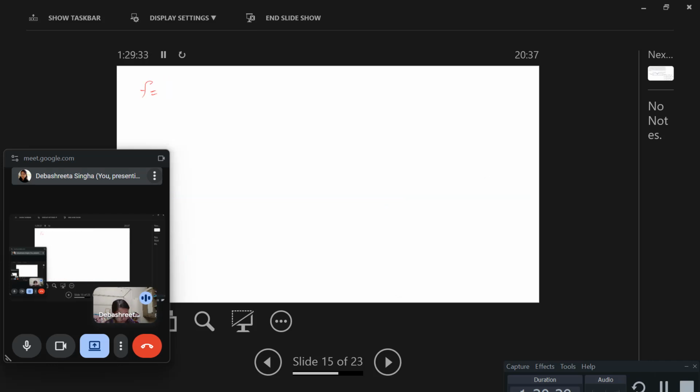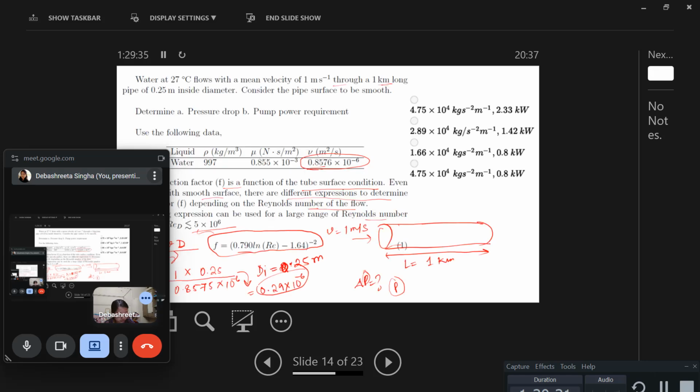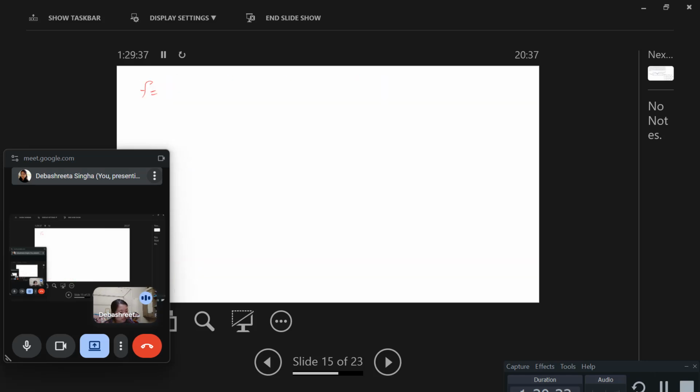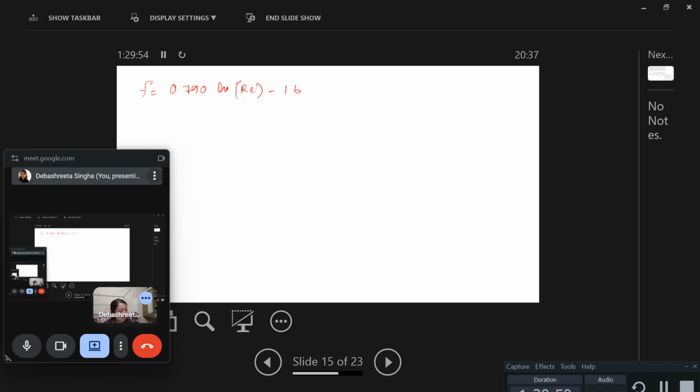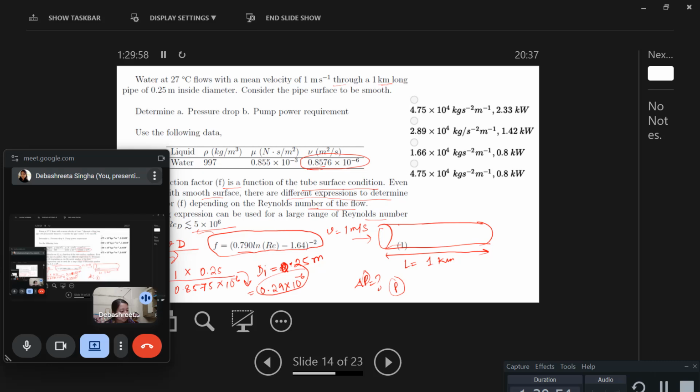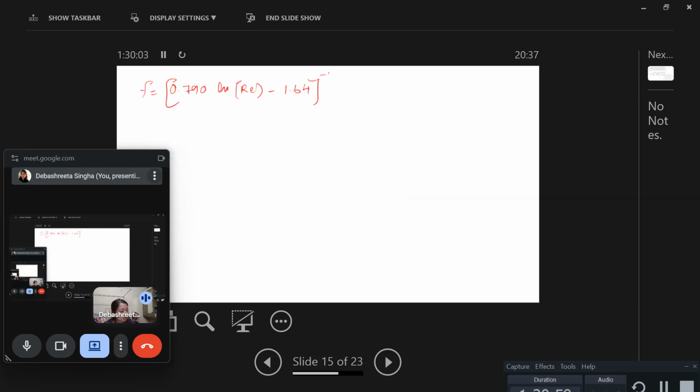F is equal to 0.790 ln Re minus 1.64, to the power minus 2, and Re is 0.29 into 10 to the power 6.